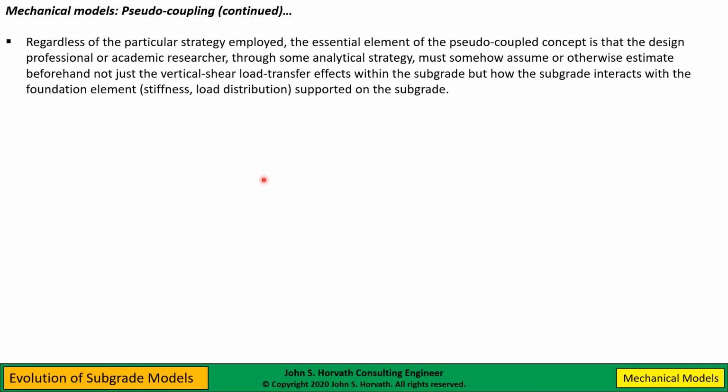No matter how you slice it, no matter what strategy is employed, you have to understand that the pseudo-coupled concept means that, through some strategy, whether it's guesswork or analytical, the burden is on the design professional to estimate beforehand what the spring coupling or vertical shear effects in the real soil subgrade are.